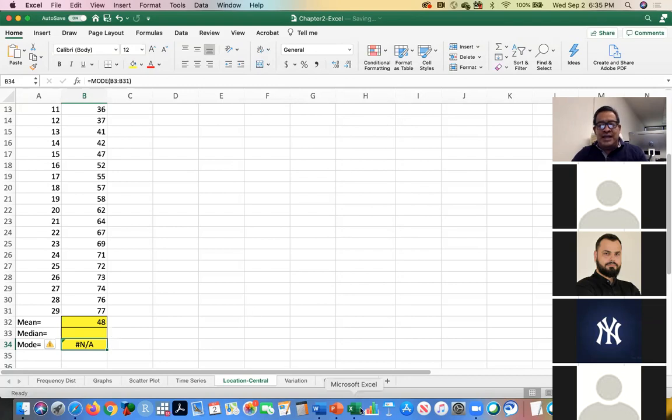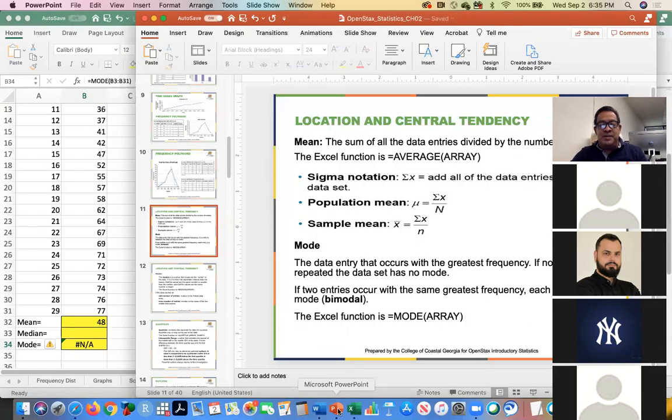So the mode is the number that is repeated with the greatest frequency, and if there is no repetition of numbers, there is no mode. If there are two or three modes, it is possible that we have more than one mode. In many cases we might have two modes, where those numbers are repeated in the same way and happen to be the highest.